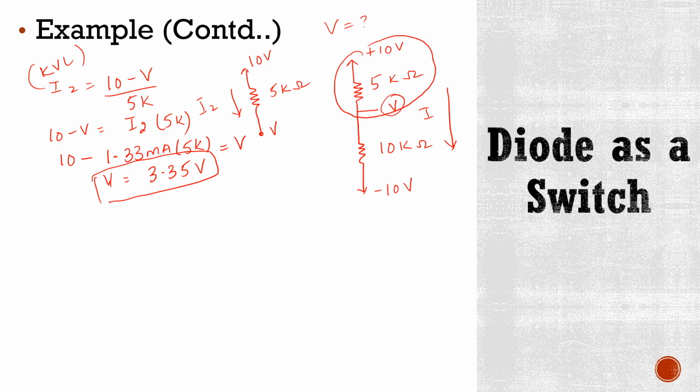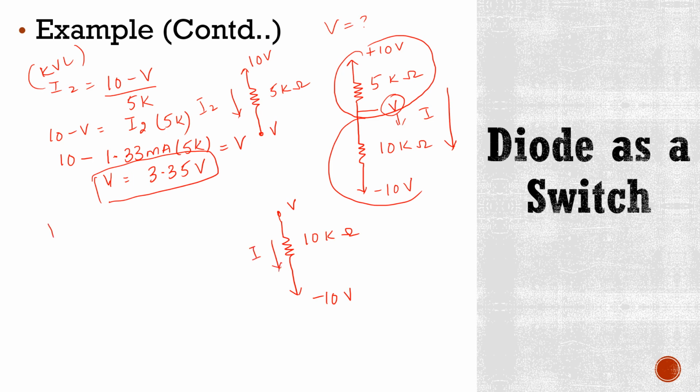We can also find the value of V by taking this second branch after this node V. Now in this case, this will be our circuit. This is V, this is minus 10 volts, this is 10 kilo ohms, and here current I is flowing.